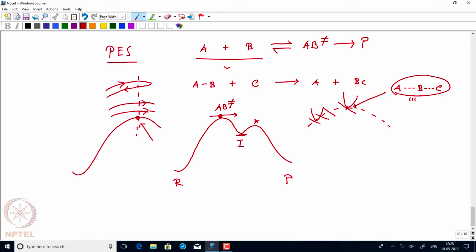Transition state theory has many drawbacks, such as the variational transition state theory we just discussed. There are also tunneling effects, in the sense that when you go from reactant to products, you may tunnel through the barrier, and at low temperature this tunneling can contribute significantly to the reaction rate constant. But those details we are not going to discuss in this course.